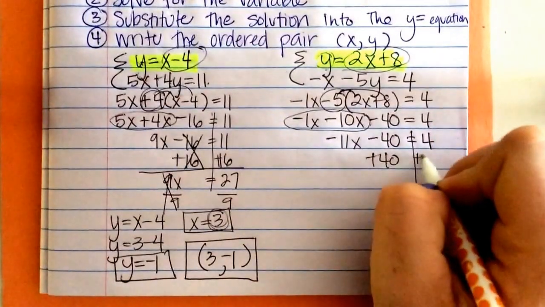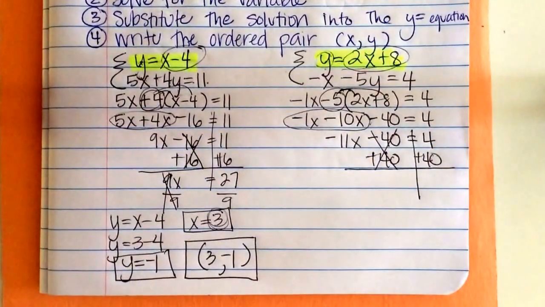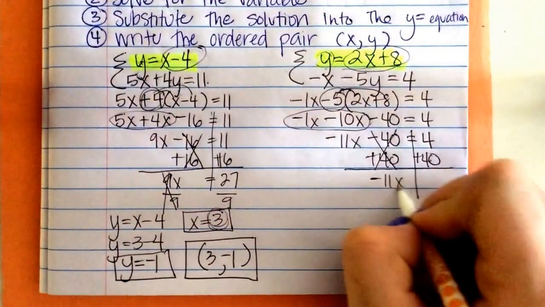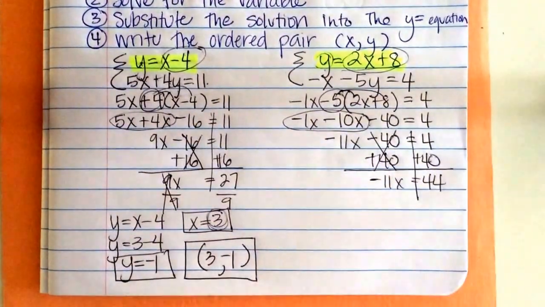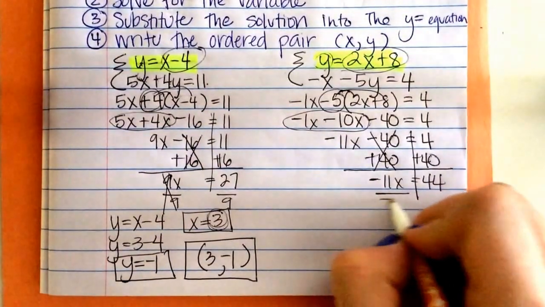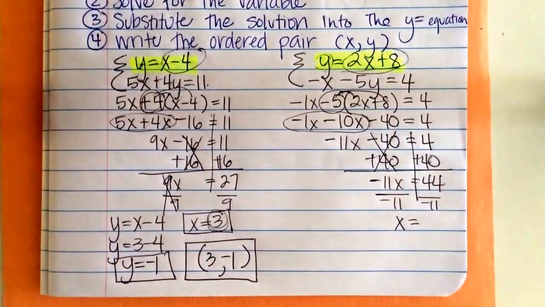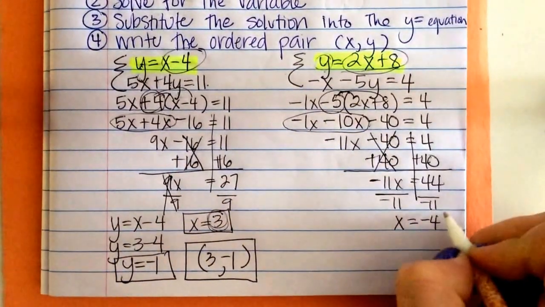Add 40. Negative 11x equals 44. Divide by negative 11. x equals negative 4.